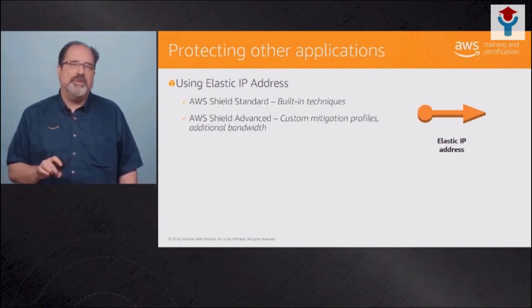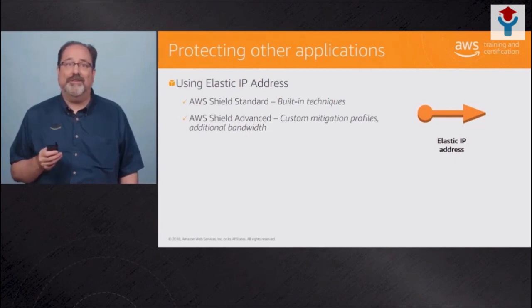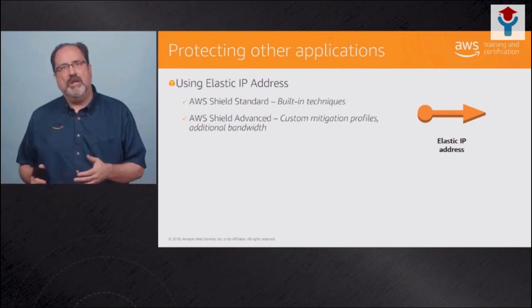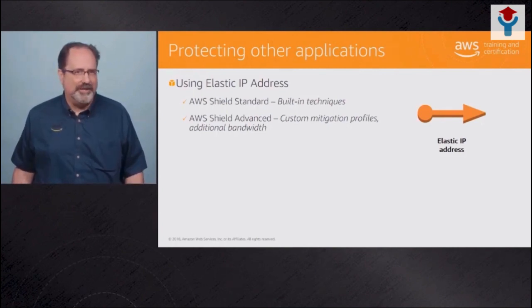You can also get advanced protection against large, sophisticated DDoS attacks for these applications by enabling AWS Shield Advanced on Elastic IP addresses. Enhanced detection automatically recognizes the type of AWS resource and size of EC2 instance and applies appropriate predefined mitigations.